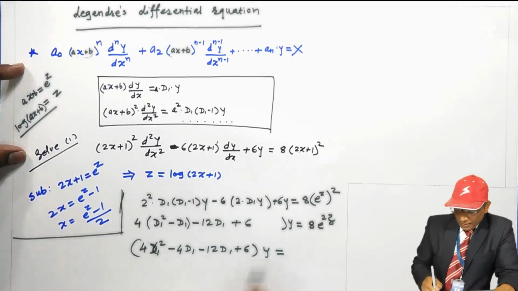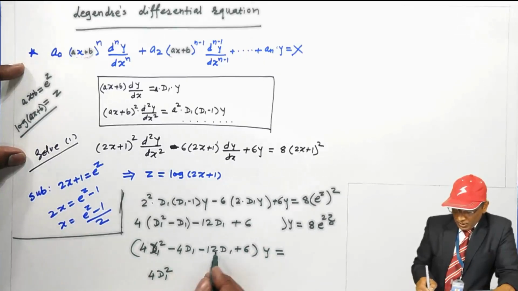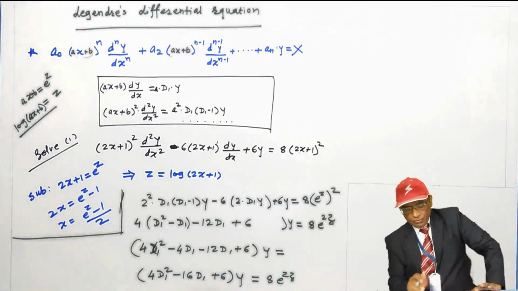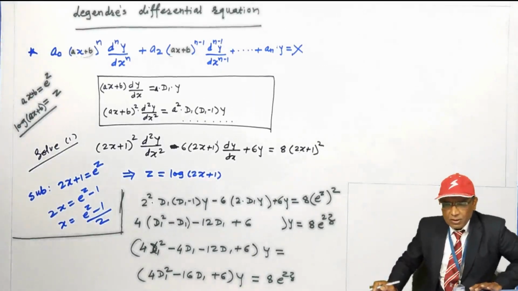Now 4 D1 square, 4 minus 12 is minus 16 D1, plus 6y on the right hand side. You have to be very careful with plus and minus.